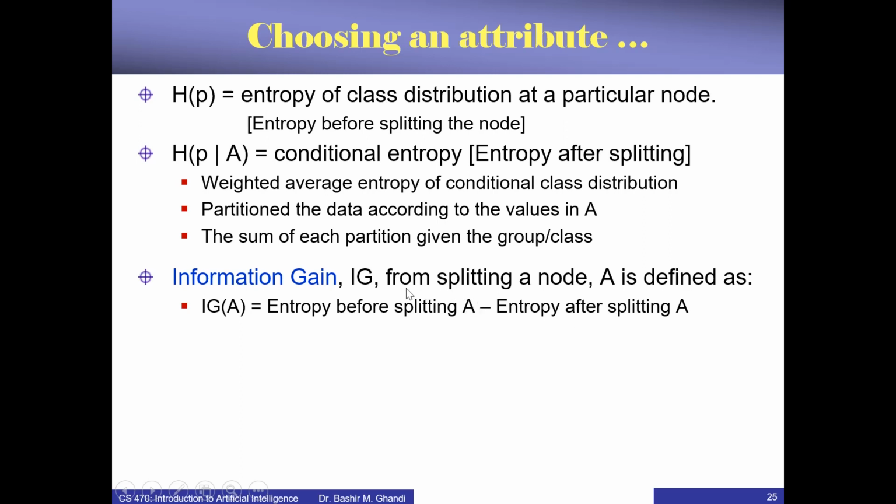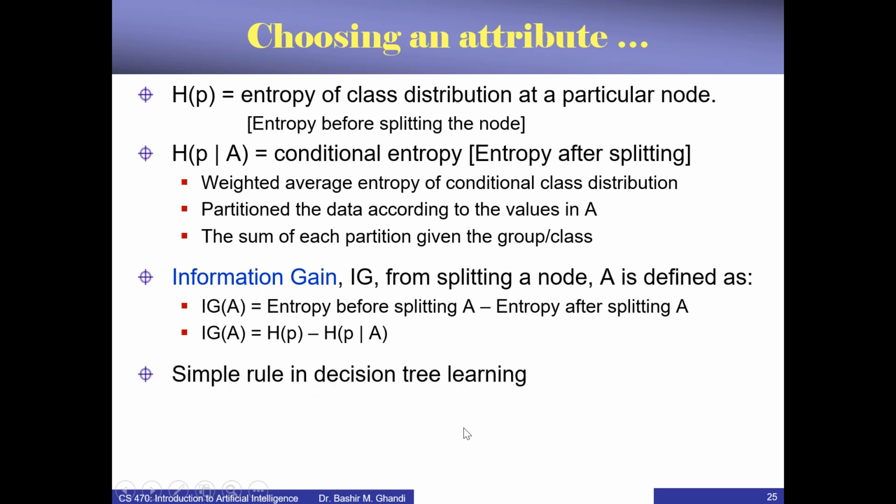So what is the degree of randomness before the splitting? And now what is the degree of randomness after splitting? If you remove the degree of randomness after splitting from the degree of randomness before, then you will have what is called information gain. So basically we subtract this from this, and that gives us the information gain.